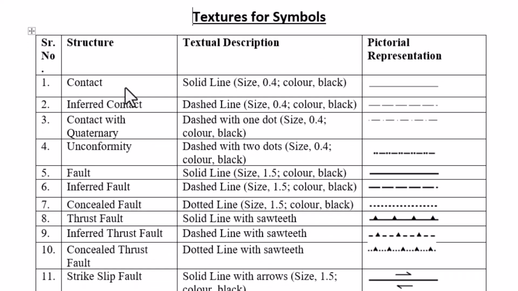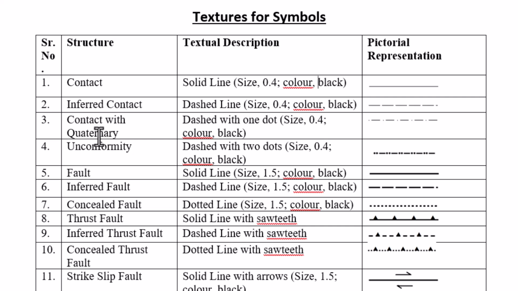For contacts, you can use the solid line with the size 0.4, color black. You can use this for the formational contact. If it is uncertain, you can use the inferred contact, like a dash line with the size of 0.4, color black.